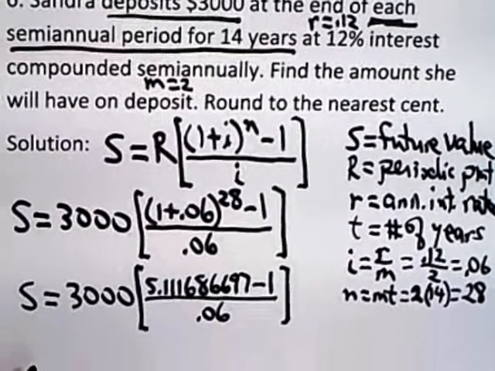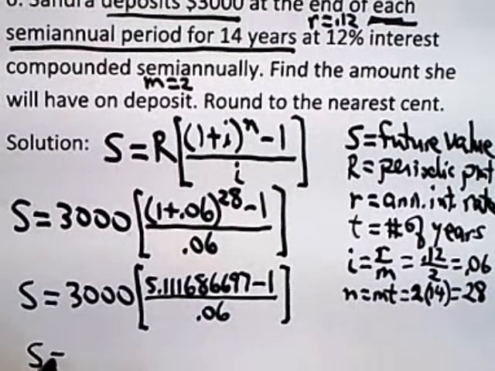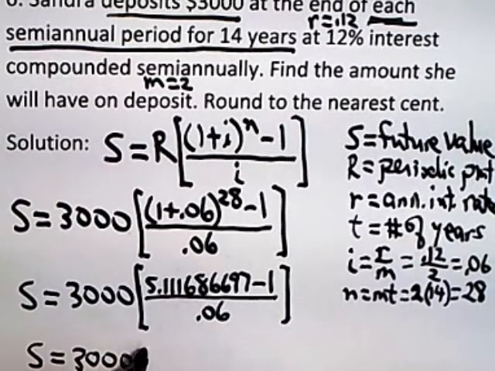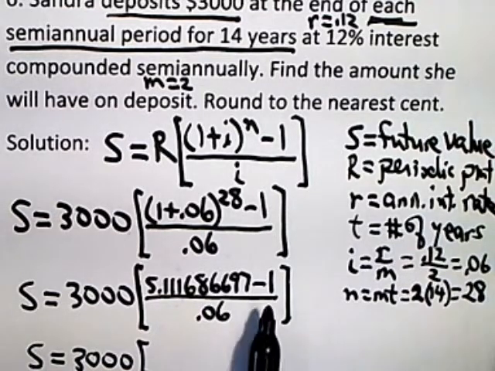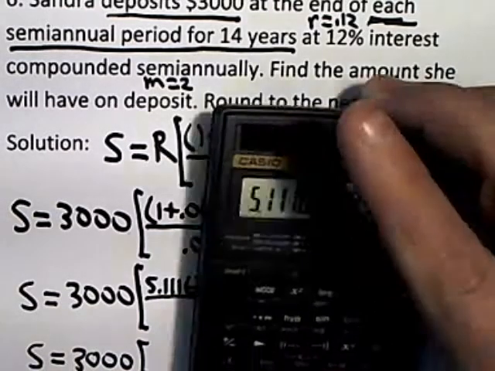So the future value is 3,000 times this fraction. Now I already have part of this in the calculator. I have that 5.11 number in there. So all I've got to do is subtract 1 and divide by 0.06.